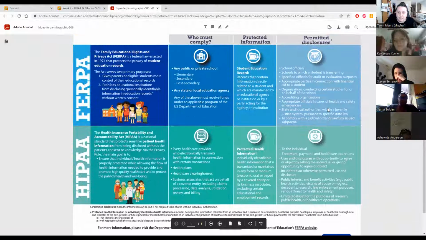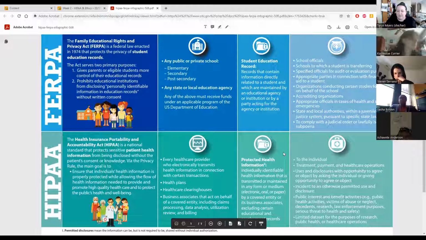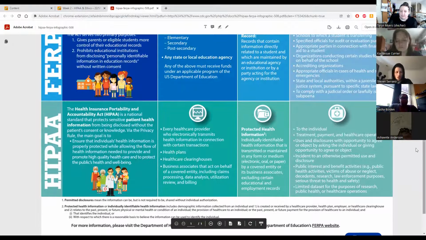That's all right. And then we also will look at things like, oh, here it is, there we go. Just the captions were in front of it for a second. It also is things like disclosures that the individual agrees to, public interest. So, for example, people might use de-identified information to track COVID numbers.